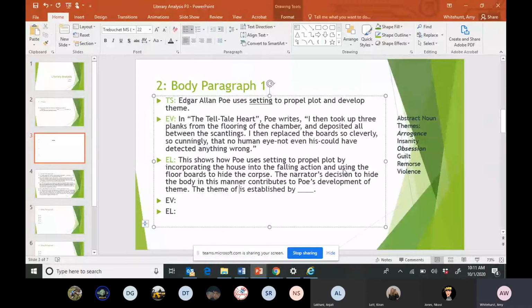Okay. So the theme of obsession, we could say, is established by the narrator's intense focus on the old man's eye, even after death.